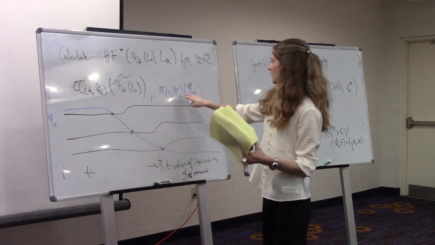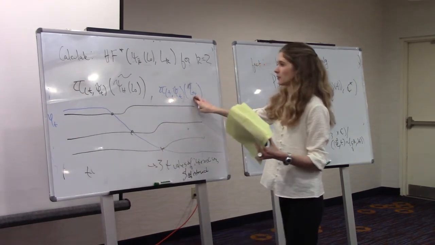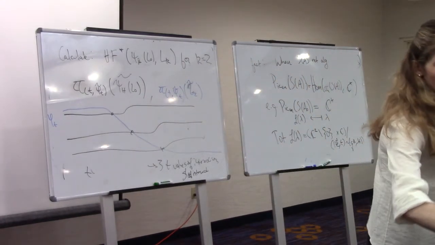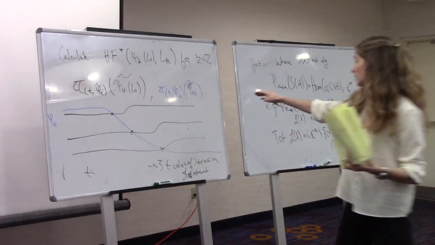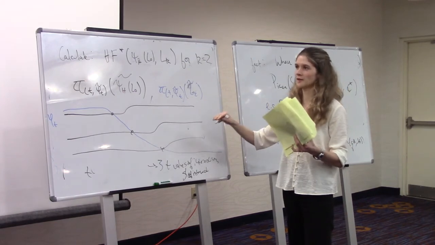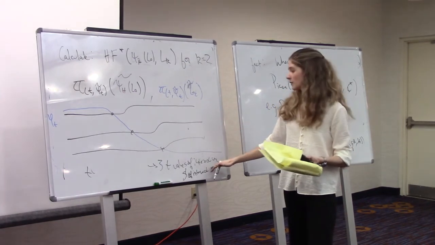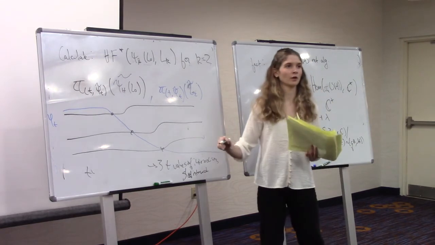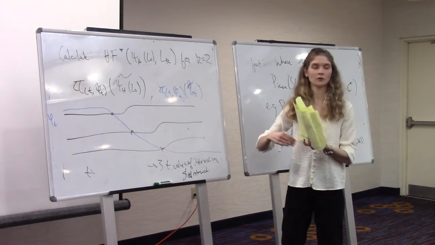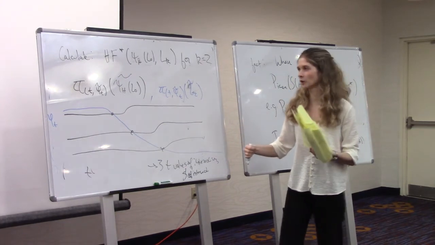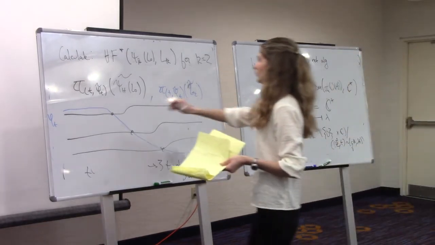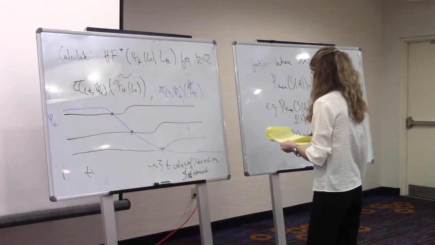Because remember, this is a lift of L_2. But this L_2 thing is some product Lagrangian, and in the s, phi s factor, it's just going to be identically equal to the 0 section. So every time you have one of these t values of intersection, you actually have a whole S1 worth of points of intersection. And if you do a small perturbation, you just pick up a copy of the cohomology of S1 in your Floer complex.